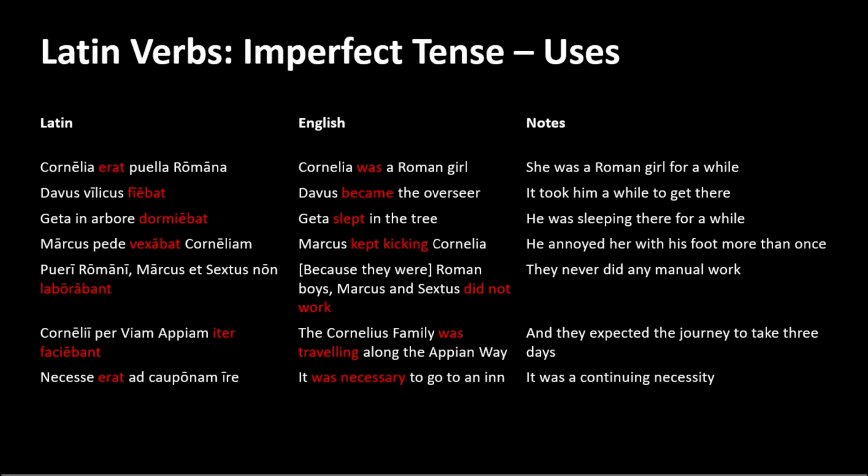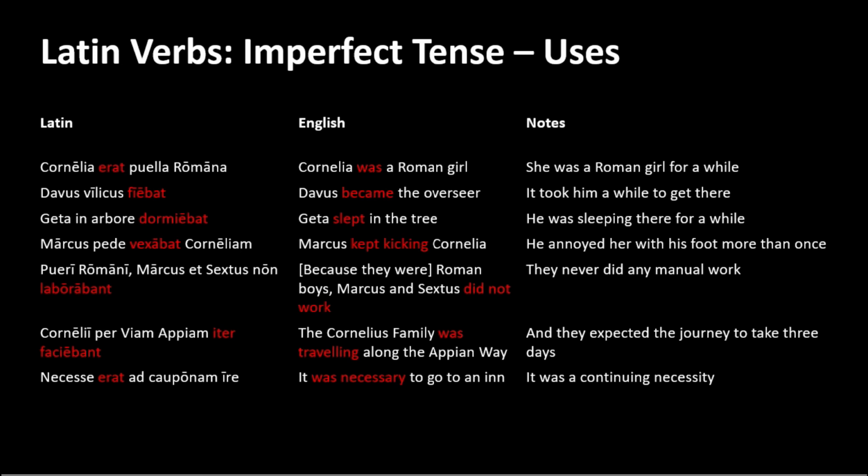This one's a little harder. Necesse erat ad cauponam ire. It was necessary to go to an inn. It was not an immediate necessity that came on a few seconds or a few minutes before and then passed off. This was a continuing necessity. If you've read Ecce Romani 1, their carriage has overturned in a ditch.